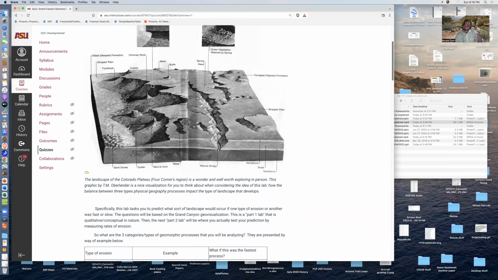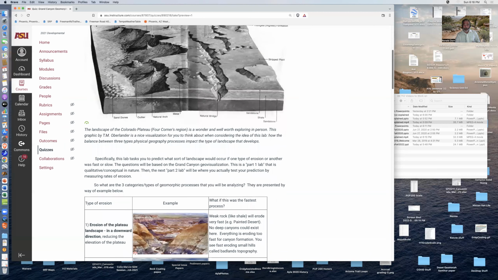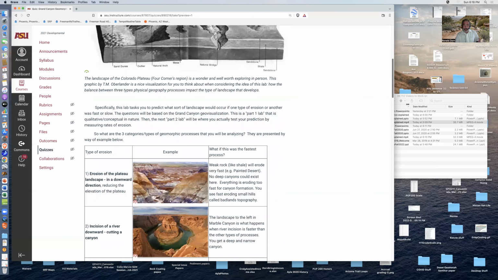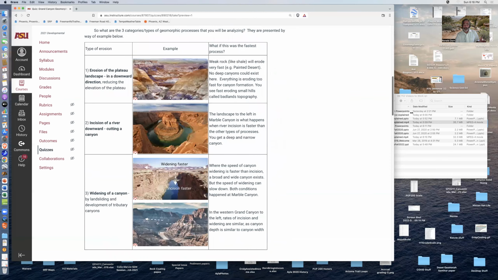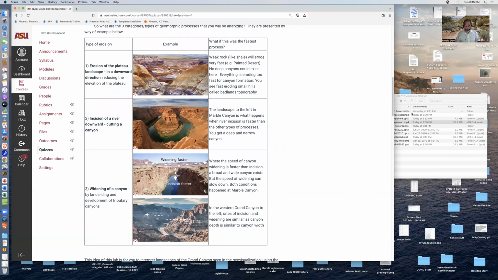And one way to look at it, and that's the way this lab does, is that we're doing science trying to explain what we're seeing in a landscape like the Grand Canyon. And there are three different sets of processes that are happening.